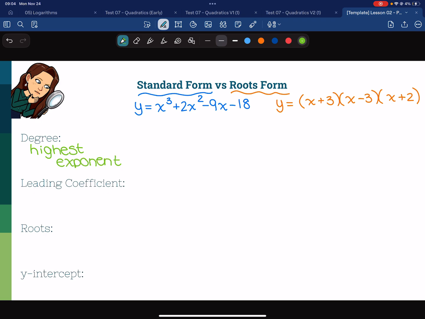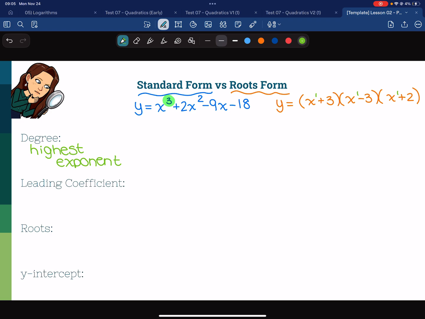And with that, what's nice about the standard form is you can see that plain as day, right? That largest exponent comes along, there's my 3, we're good. I know that with the roots form as well because technically what I'm looking at here is that each one of these has a 1 as the exponent up there. And we think about if we were to multiply all 3 of these out, we're just thinking about that x times x times x situation, which gives me that third power.